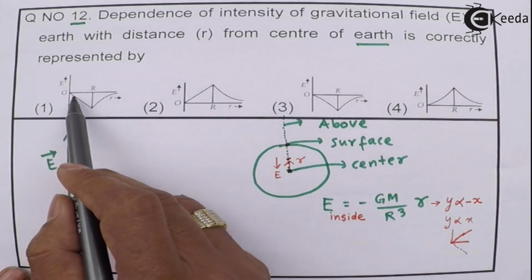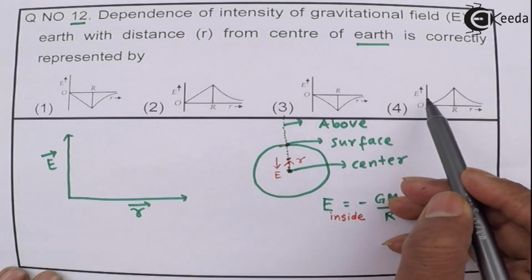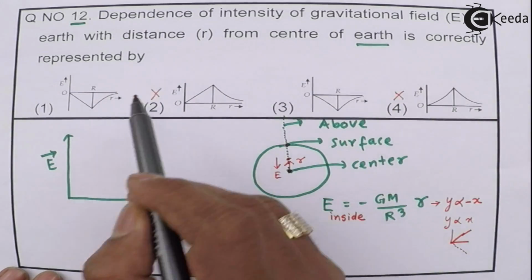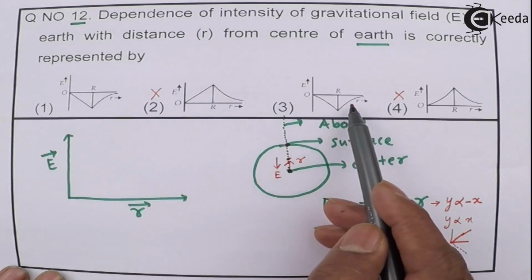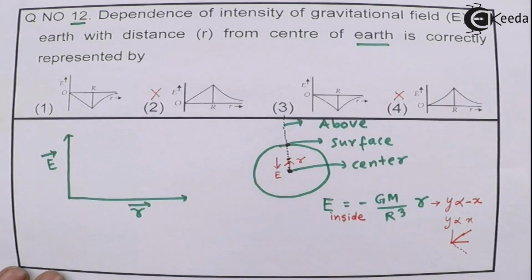So it can be this one also, or it can be this one also. These two cannot be true, so these two are false. Now out of these two, we have to check which one is correct.